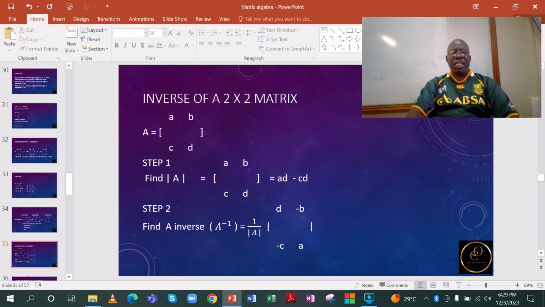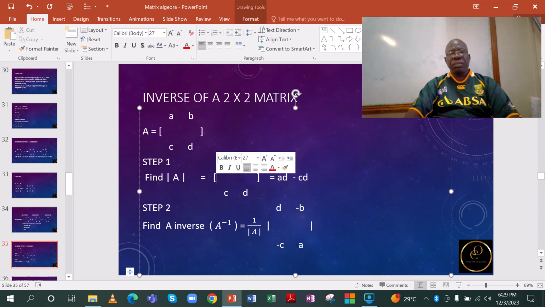So let's say A is a matrix whose elements are A, B, C, D. The first step you need to take is find the determinant of the A matrix. So in this particular case, the determinant of A is equal to... the downsloping diagonal, which is this one.